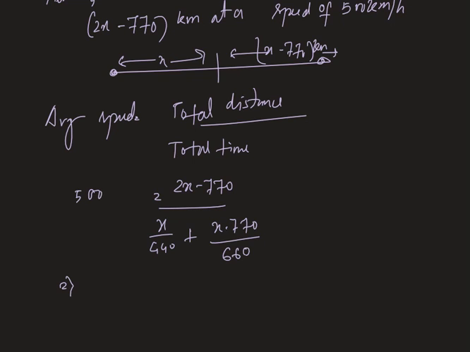Therefore after solving this we get (2x minus 770) divided by 500 is equal to x divided by 440 plus (x minus 770) divided by 660.